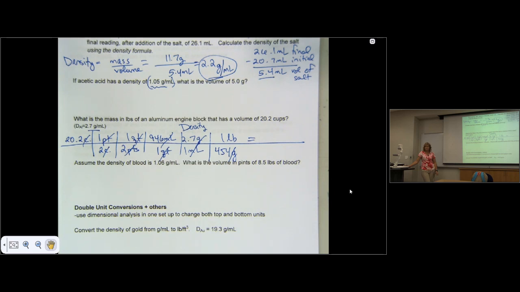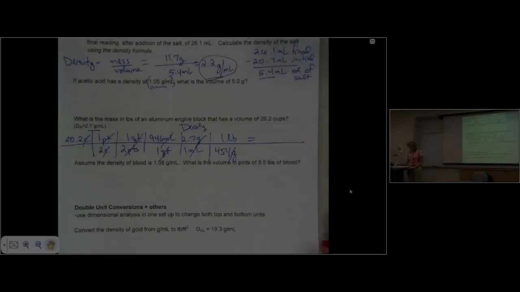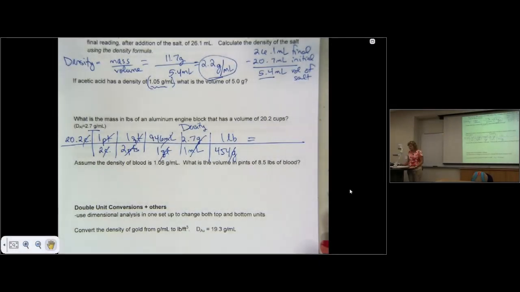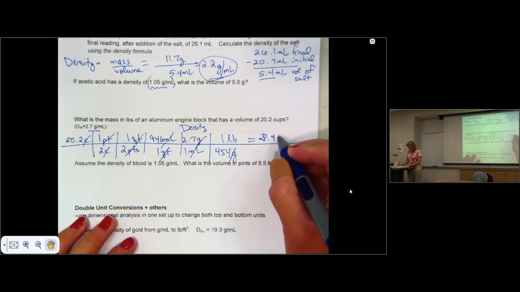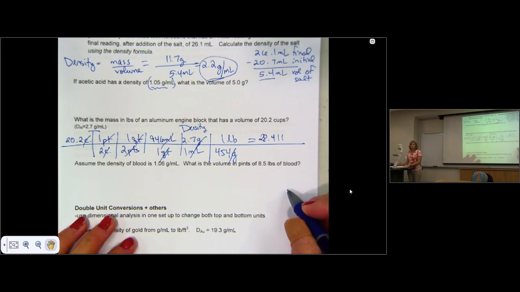Yes or no? Plug in your numbers. What do you get on your calculator? 28.411, then some other stuff.